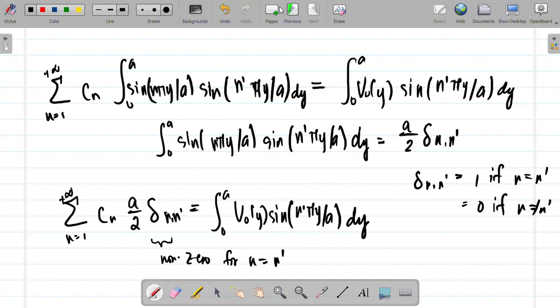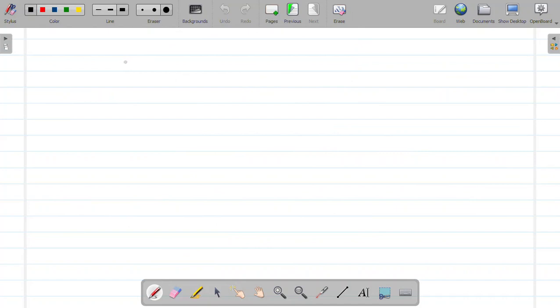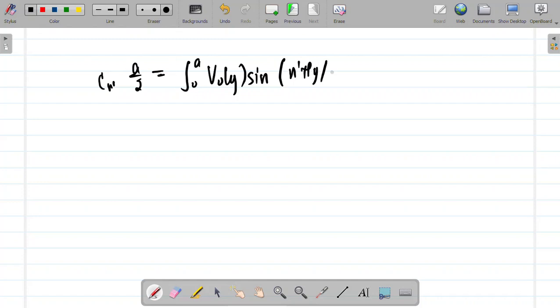So, we have Cn prime a over 2 equals integral 0 to a v naught of y sin n prime pi y over a dy. Ang pangit na index ng n, so drop natin yung prime index.